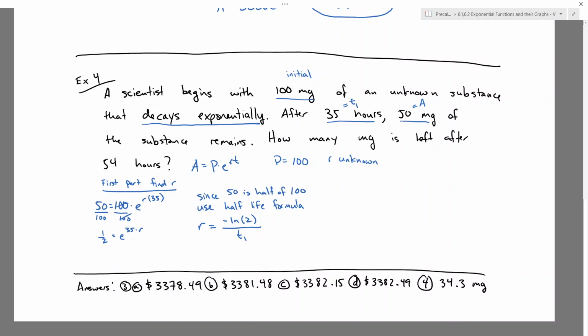So we can use this formula to calculate r. Okay, so let's do that. So r is minus the natural log of 2 over 35.